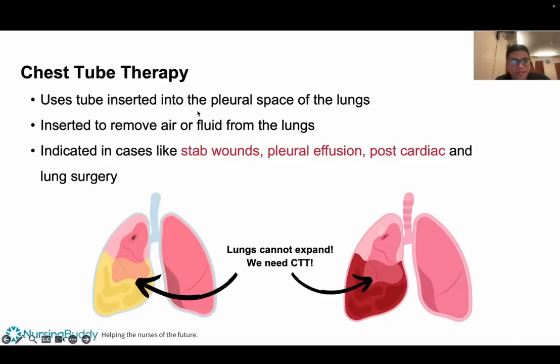So this is indicated in cases like your stab wounds, pleural effusion, cardiac operation or cardiac surgery, or even in your lung surgery. So, if we will not remove this fluid here, kapatid, tutulakin nito yung ating lungs, no? Hence, that's what we call your tension pneumothorax.